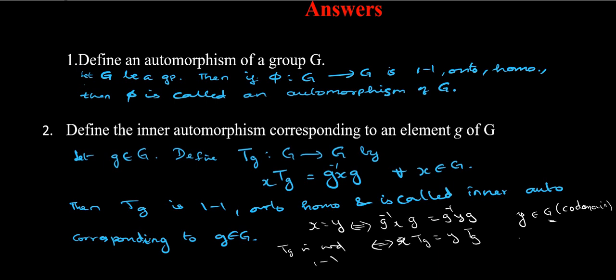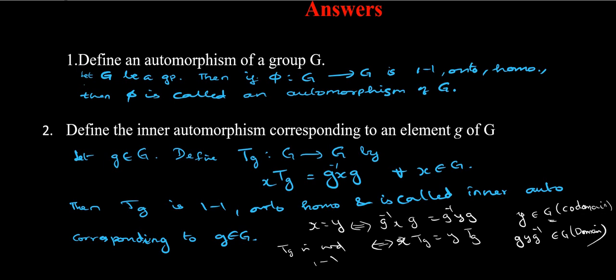So if we consider g y g inverse, this one will act as the pre-image, and this is present in the domain because g is present, y is present. So this belongs to G, which here denotes the domain.